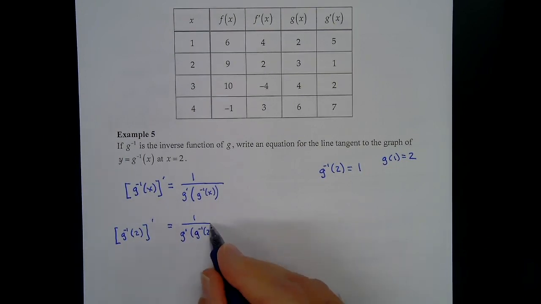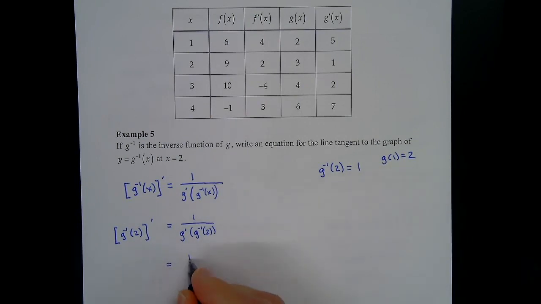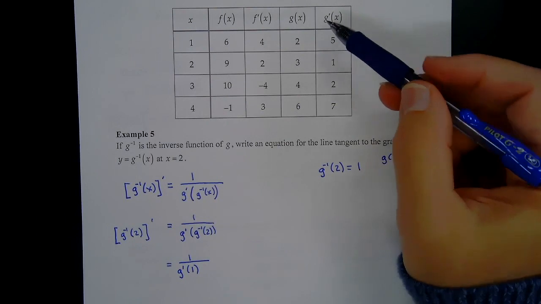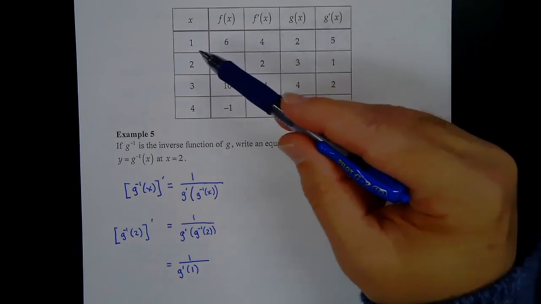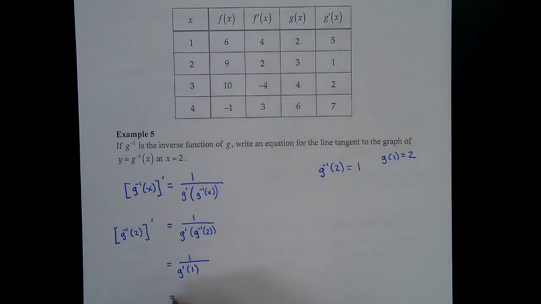So g inverse of 2 is 1, and this is equal to 1 over g prime of 1. Now, this table gives values for g prime, here's 1, so that makes this 5. So this is equal to 1 over 5.